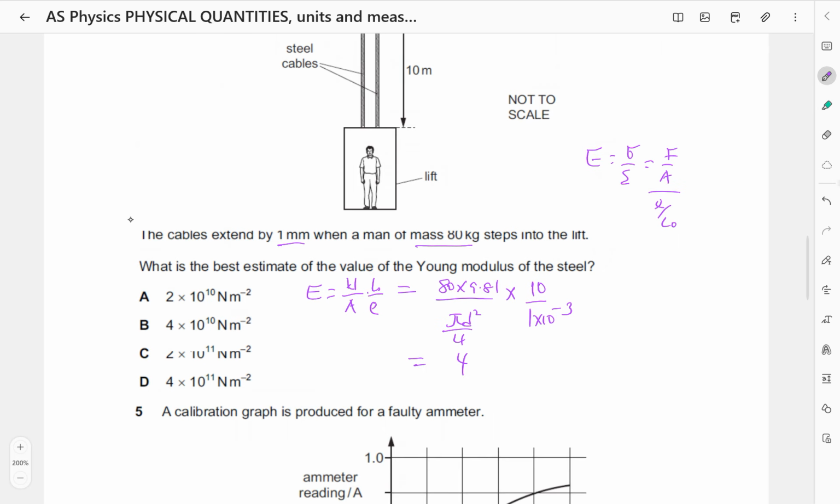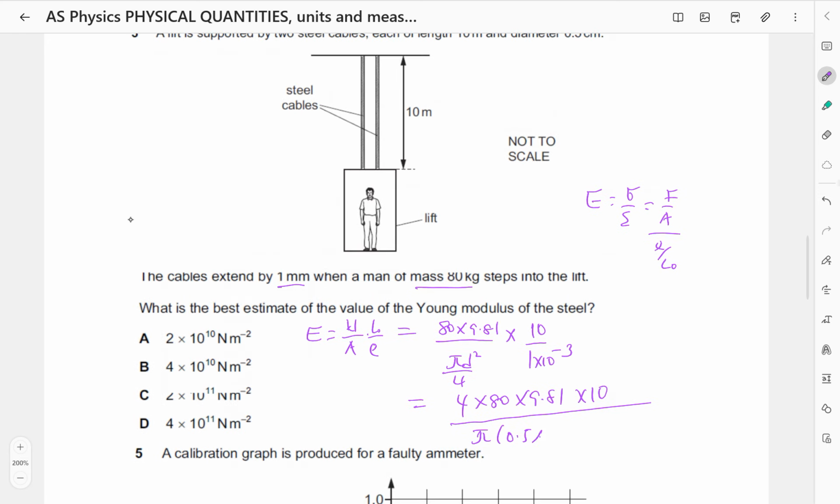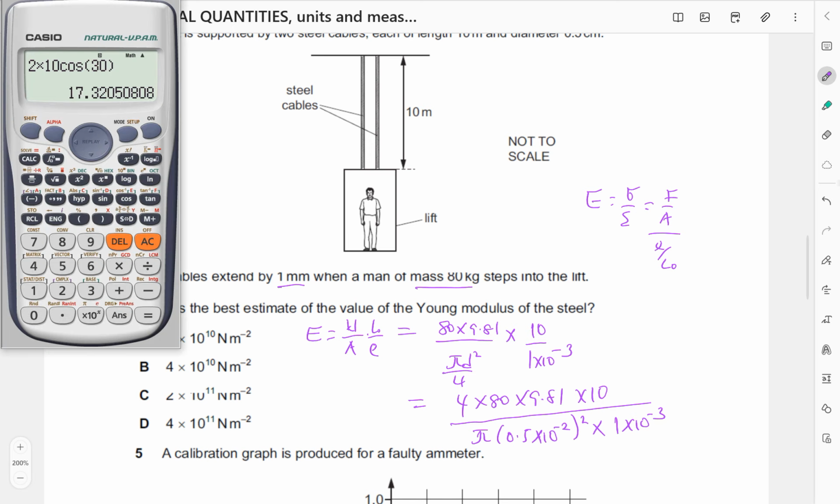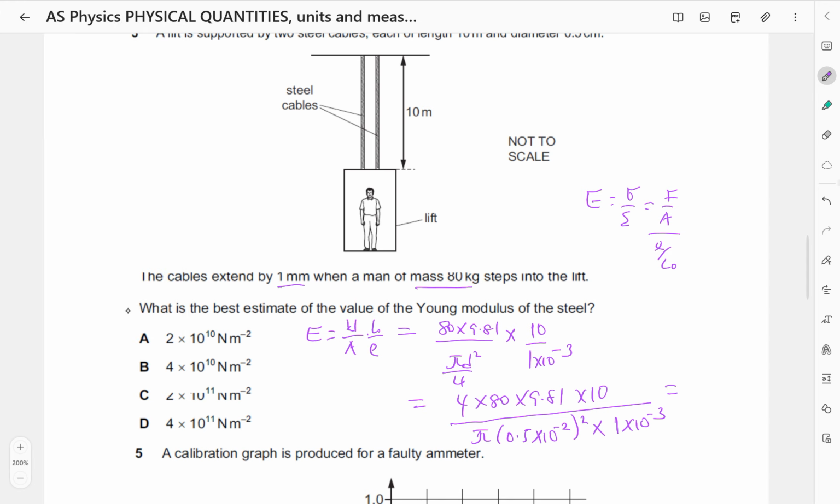This will be 4 times 80 times 9.81 times 10, divided by pi times the diameter 0.5 times 10 power negative 2, but this is squared, then times 1 times 10 power negative 3. So in the numerator I have 4 times 80 times 9.81 times 10. So this is 31392.